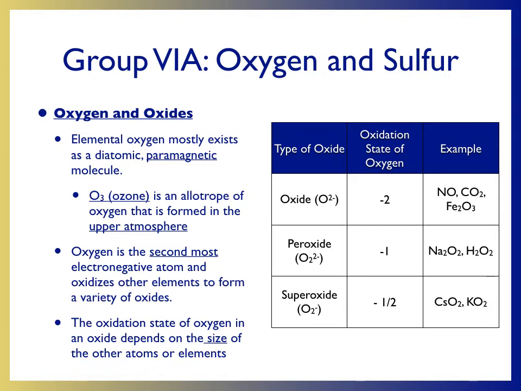It doesn't necessarily represent the real charges on atoms, unless those atoms are ions. Superoxides form between oxygen and larger atoms. As an example, we use cesium and potassium. Both are towards the bottom of the periodic table and are relatively larger atoms.